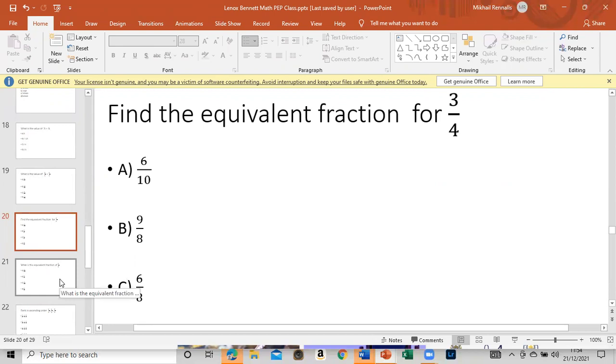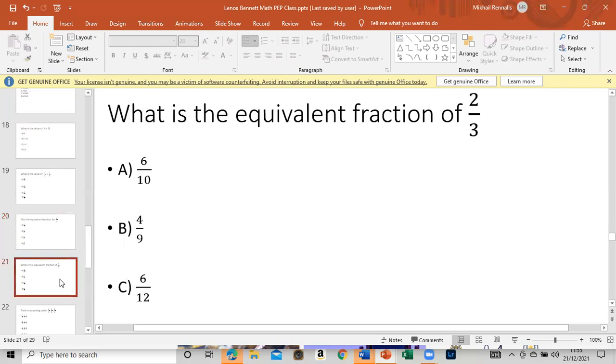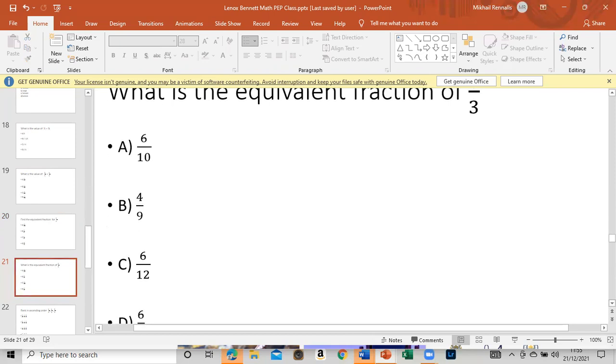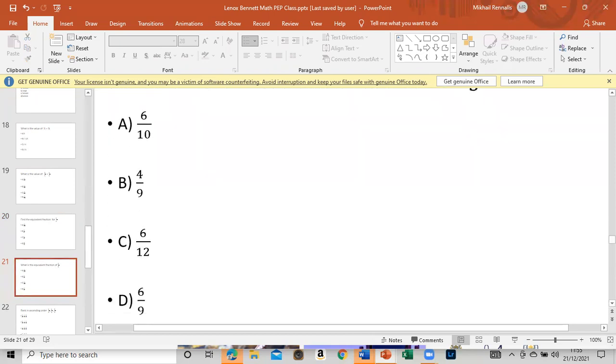Let's see if you guys can finish in 5 minutes. According to our clock, we have 5 minutes and 54 seconds. All right, let's go. What is the equivalent fraction of 2/3? Let me scroll down so you can see the other options.